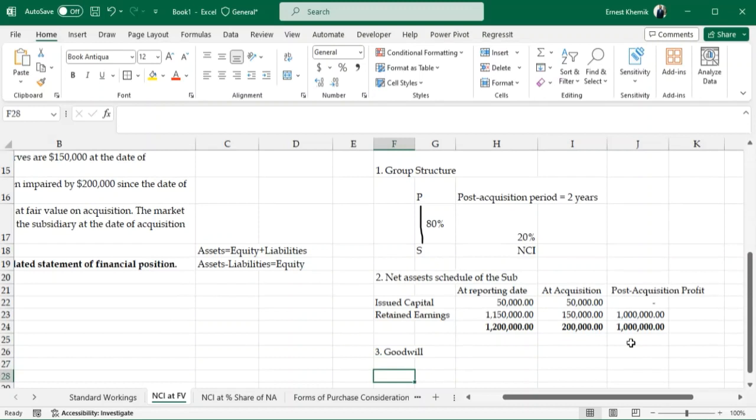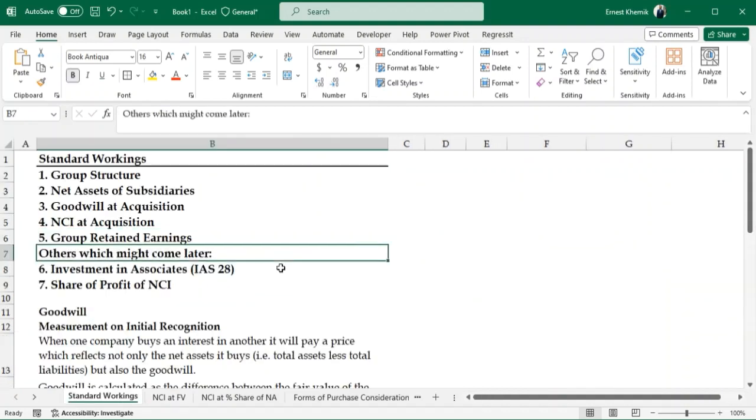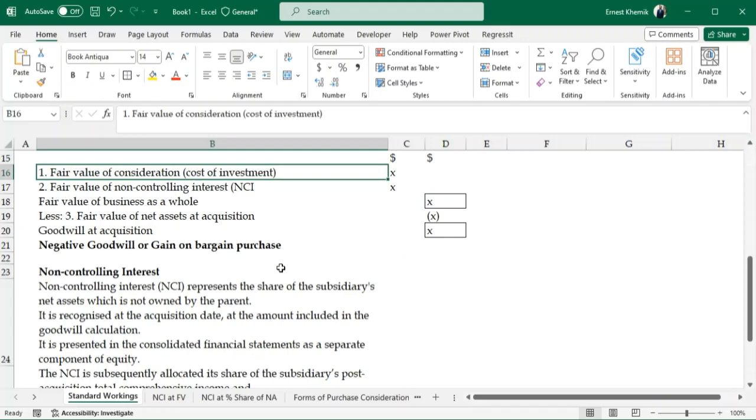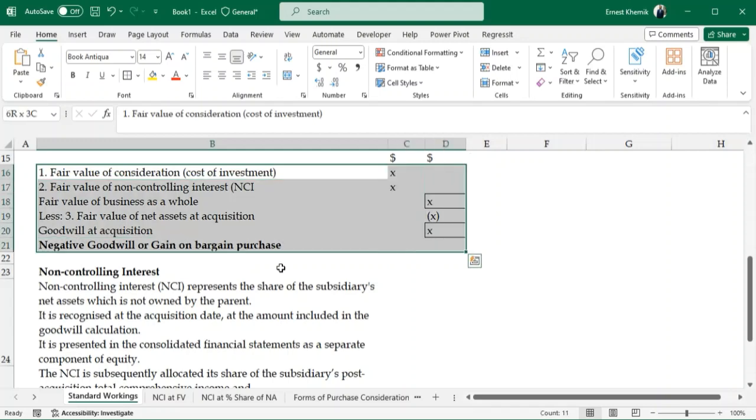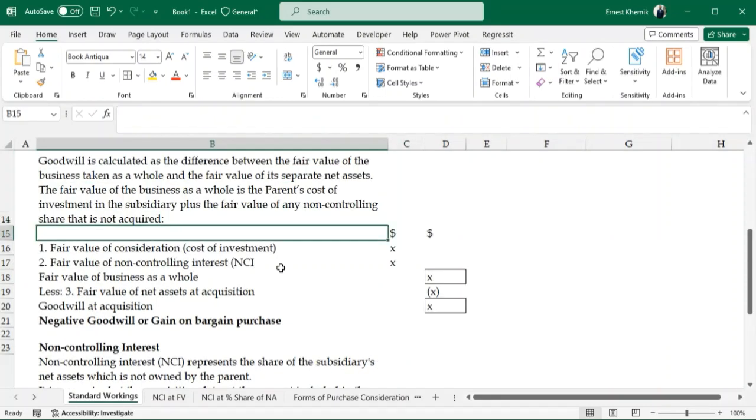So to calculate our goodwill, as I already said, let me just copy the standard working that I did here so that you can understand what I mean by the goodwill calculation.